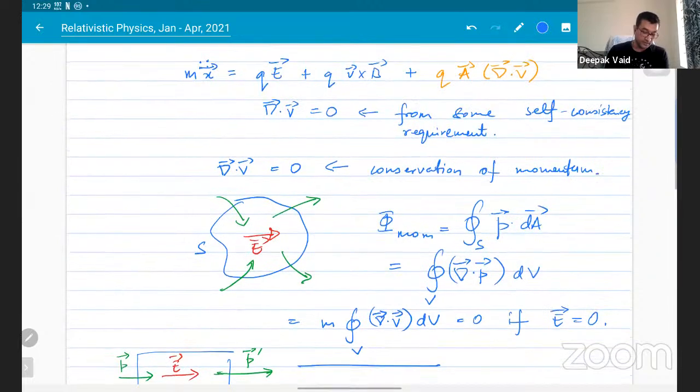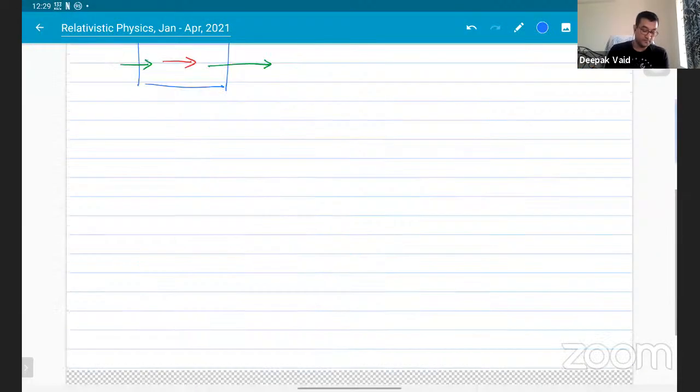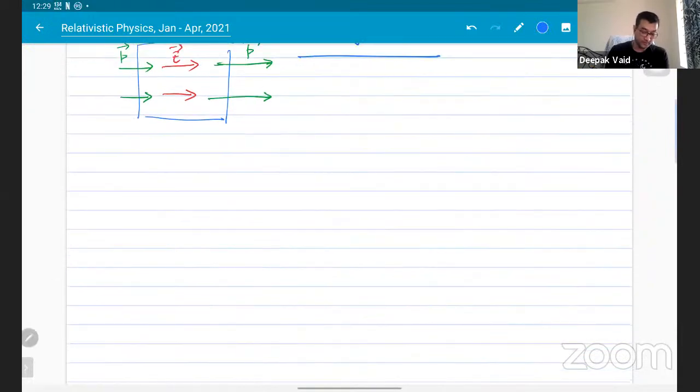So anyways, this term, whether it should be there or not, is something that maybe one of you can inquire more deeply into. And what you realize by looking at such problems is that electromagnetism is full of unresolved problems, even classical electromagnetism.